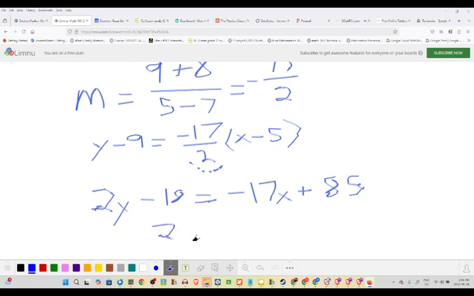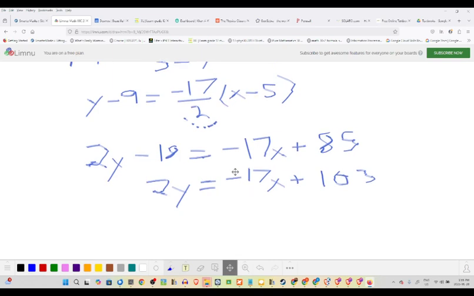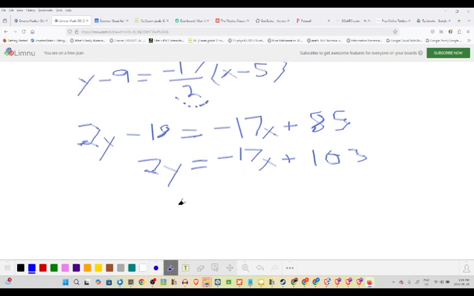So 2y is a -17x. Add 18 to both sides. And here we have 103. Divide both sides by 2.